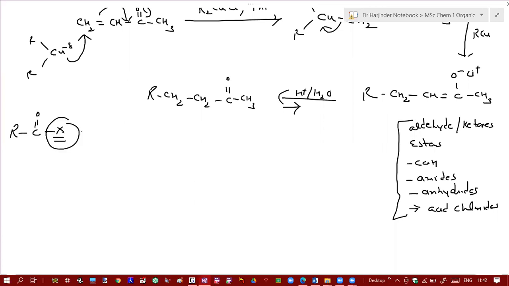In case of aldehyde, X is H, in case of ketones, X is R. In case of ester, X is OR, OH in carboxylic acid, and in case of amides, NH2, OC double bond OR in anhydrides, and chlorine in case of acid chlorides. So which one is most reactive?